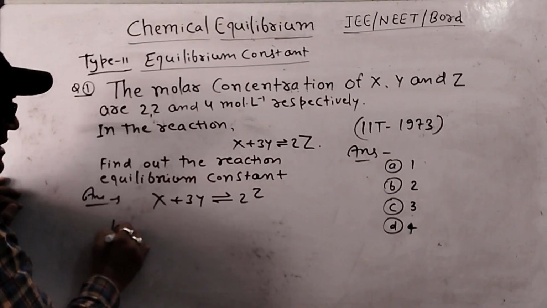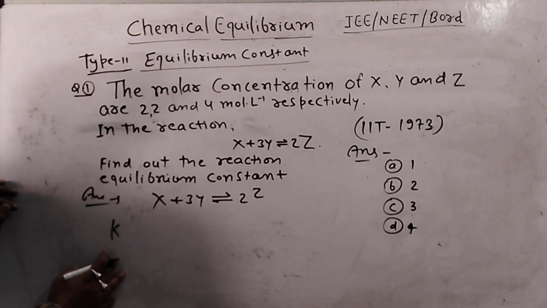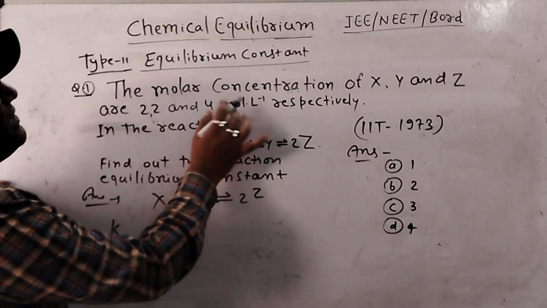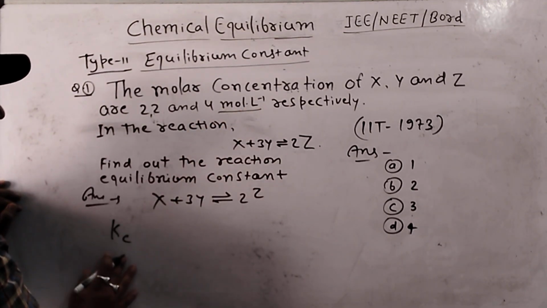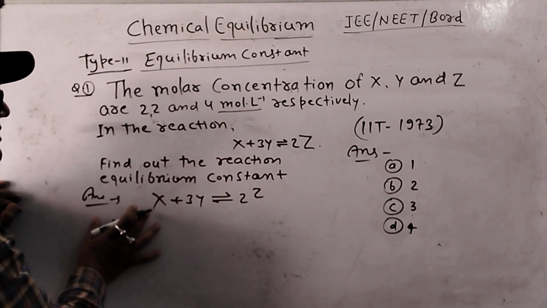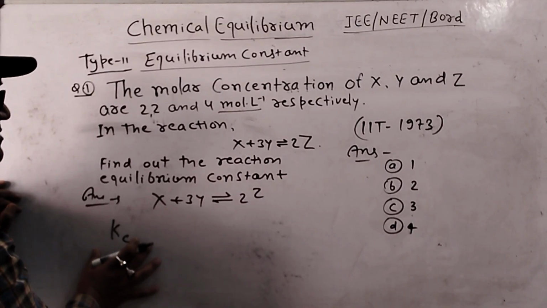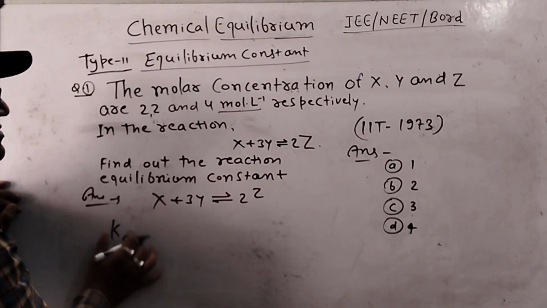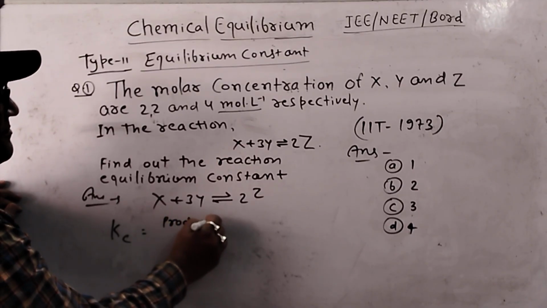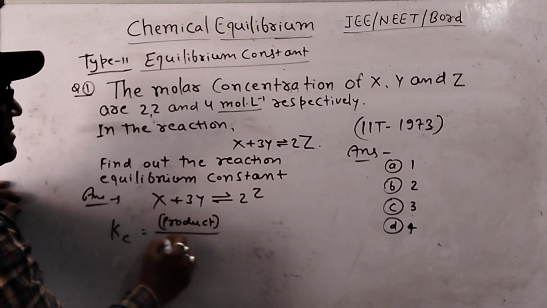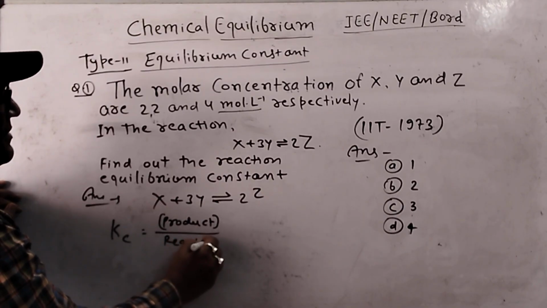Now for calculation of K, the given data is in mole per liter, so this is the unit of concentration, so we can find Kc, the equilibrium constant for concentration. The formula is concentration of product divided by concentration of reactant.